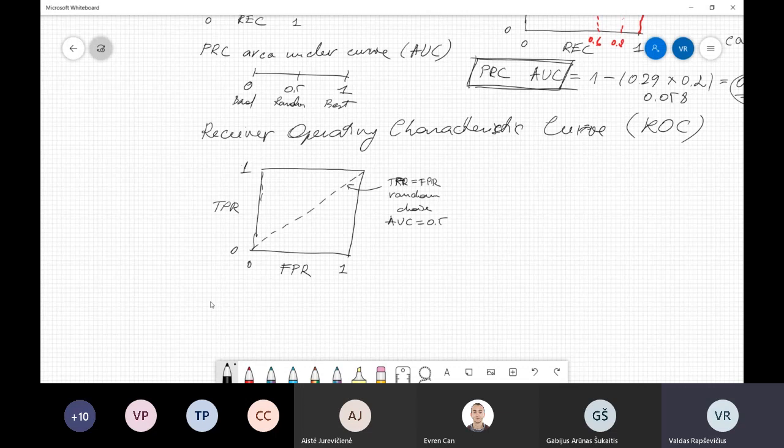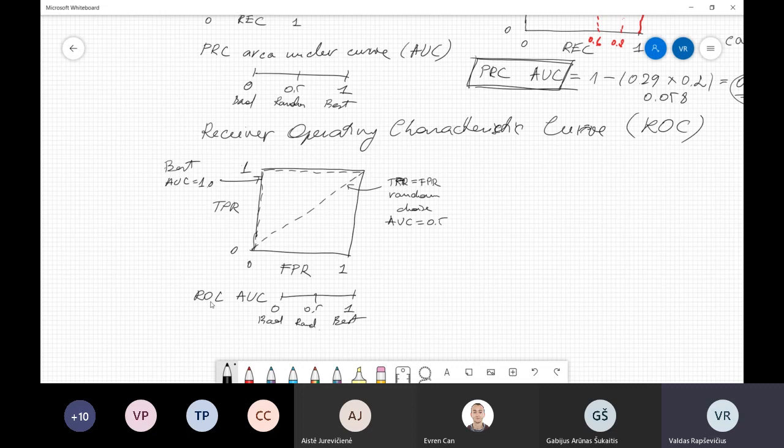And the best one is this one, when false positive rate is 0 and true positive rate obviously is 1, right? This is the best, and this is area under curve equals 1. So again, area under a ROC curve is changing from 0 to 1, and 1 is best, and this is bad, and this is 0.5 random.